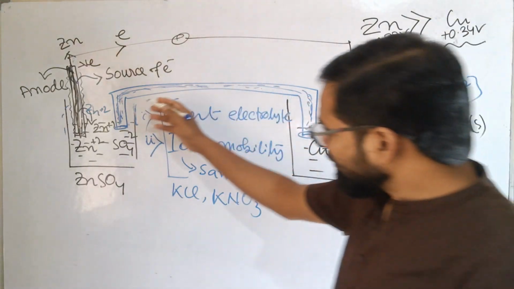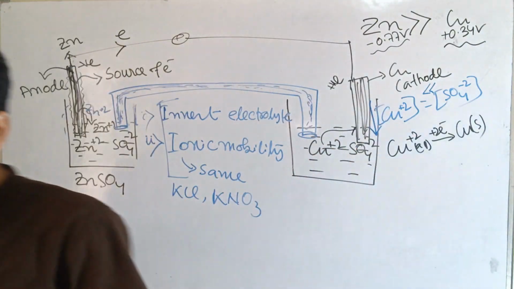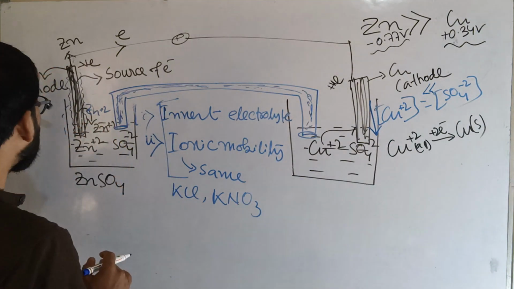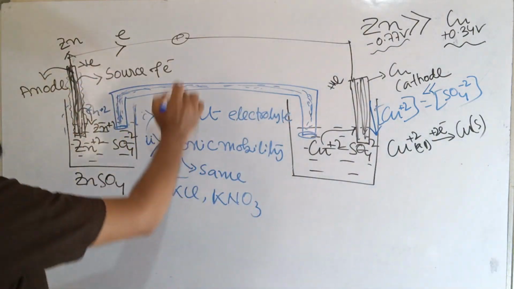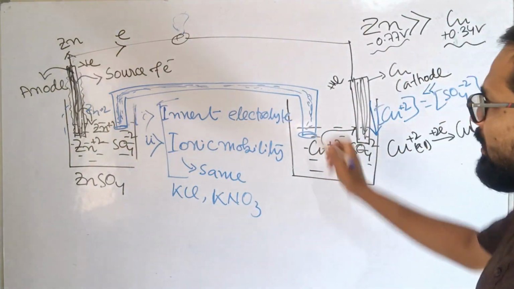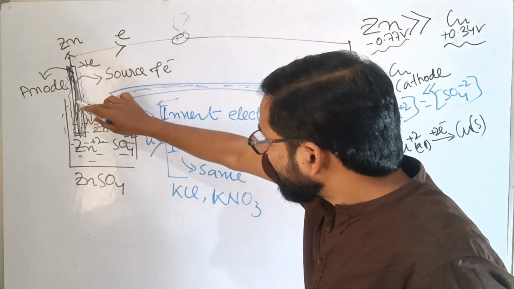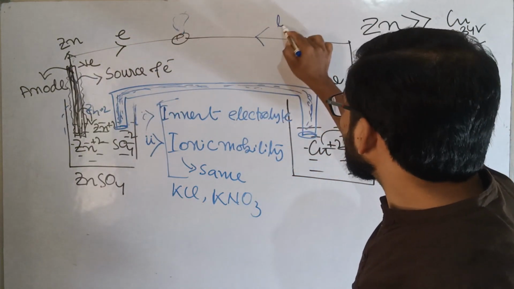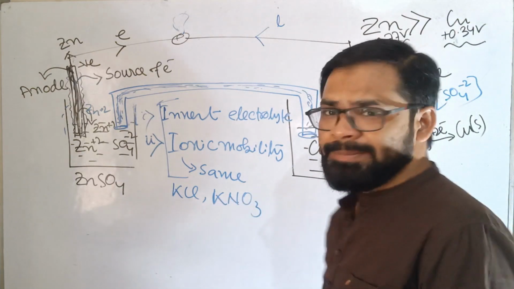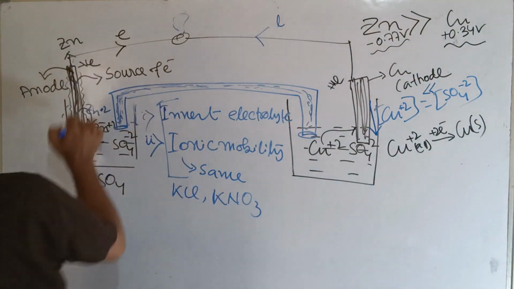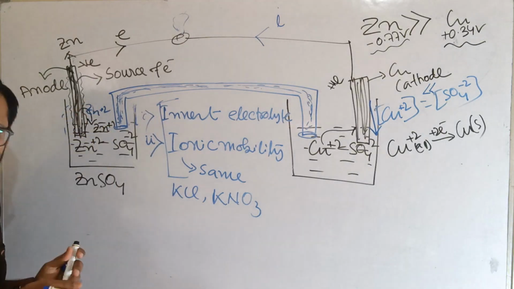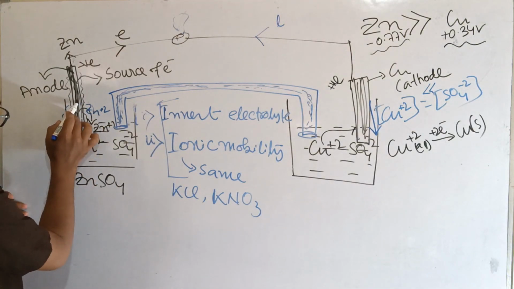After introducing the inert electrolyte, the reaction will start again. Again the same thing: electrons flow from the anode to the cathode, and here we can observe light also if we put a bulb there, because current is flowing. Now with time, the zinc electrode loses weight also. Why? Because here Zn goes to Zn+2.